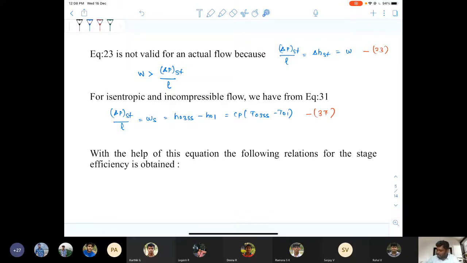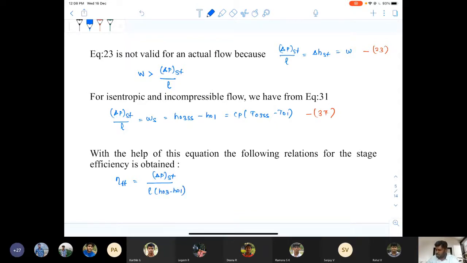Now, with the help of this equation, the following relations for the stage efficiencies are obtained. That is, by using this equation you can derive certain efficiency equations. Eta TT, that is total to total efficiency, is equal to delta P at the stage divided by rho into H03 minus H01.